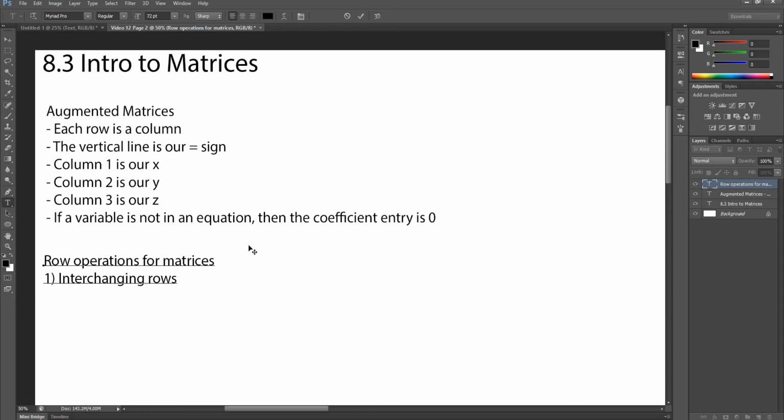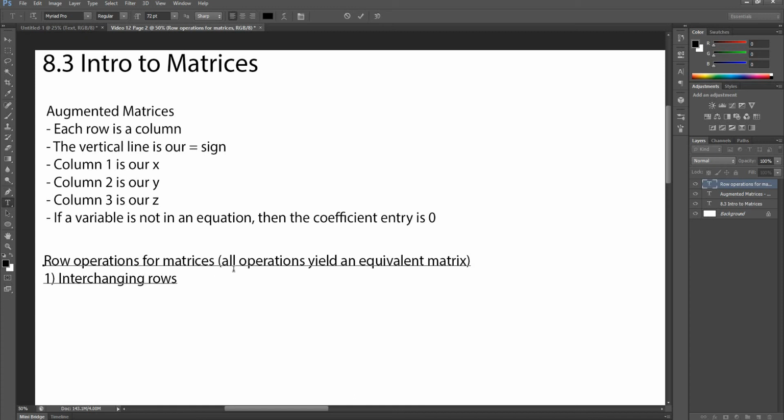All of these operations yield an equivalent matrix. So interchanging two rows, the matrix, even though it might look different, it still means the same thing to us.